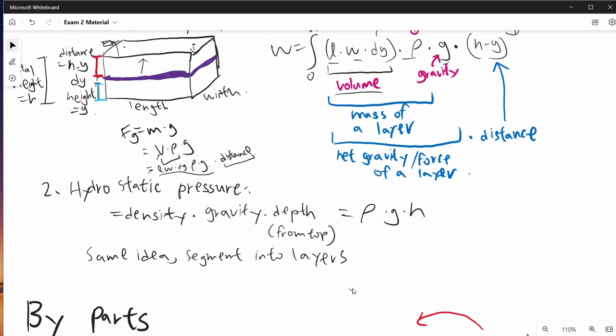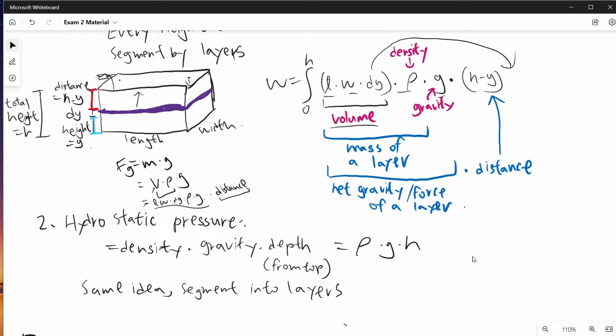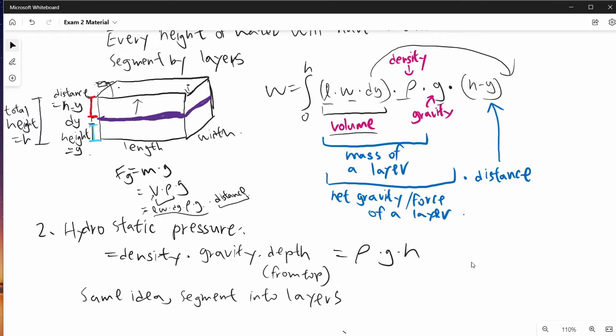Moving on to hydrostatic pressure. This is similar, in this case calculating the pressure of a point, or how much total pressure you are applying on, let's say, the bottom of this water tank. It might be a trapezoidal shape, right?